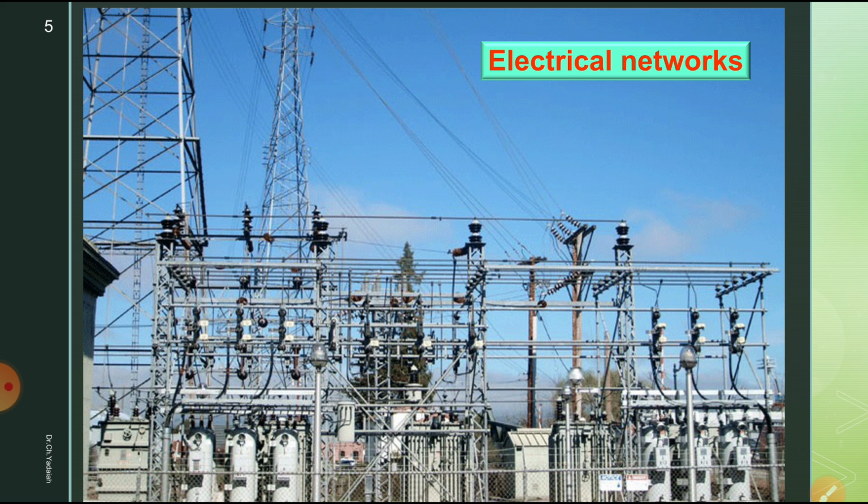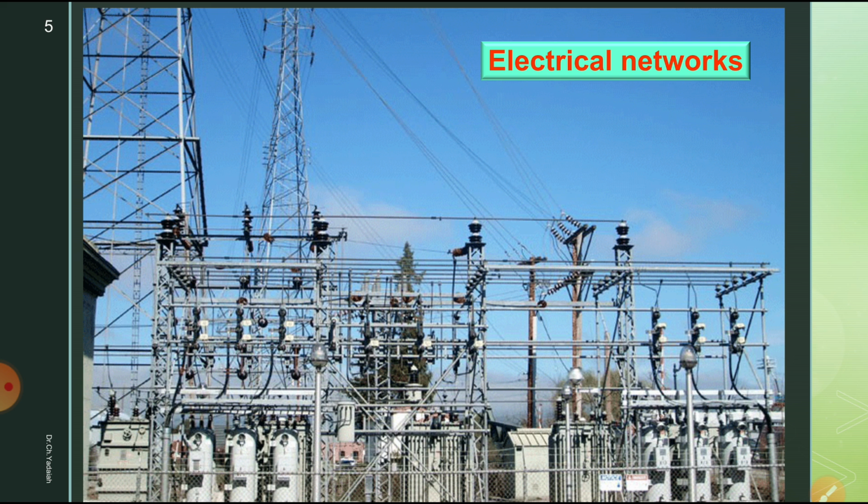So all are connected in a systematic way. If you observe, if one line touches or is nearby another line, then automatically there is an arc, a spark between the two lines. Hence, we have to keep things in a systematic way. Otherwise, we may face frequent problems.